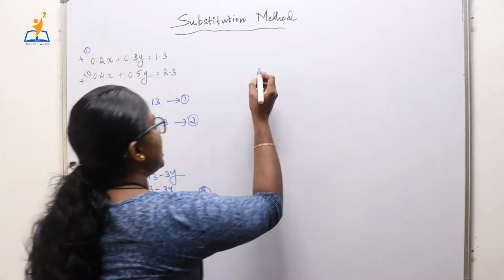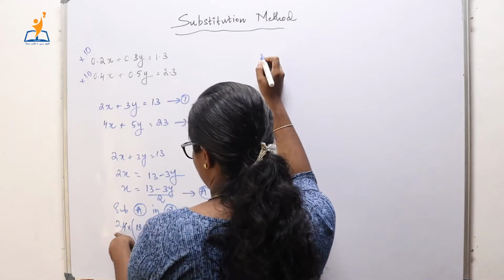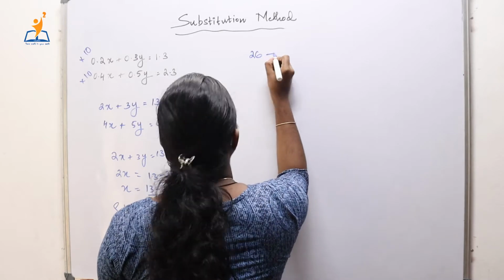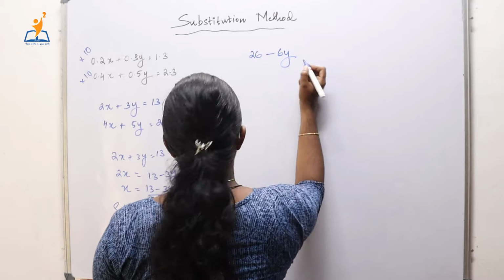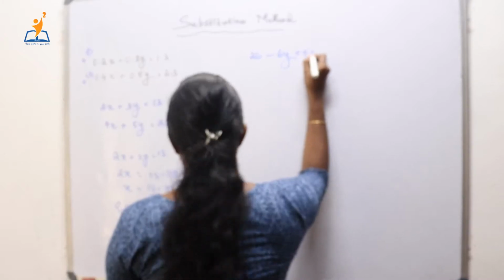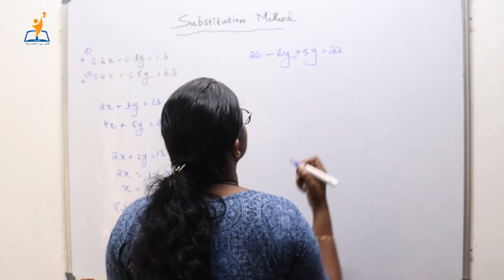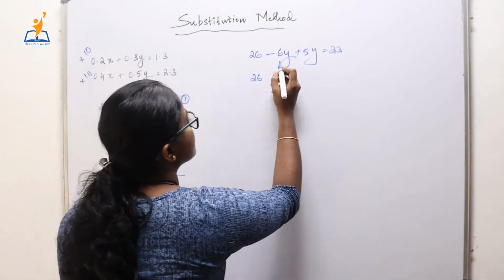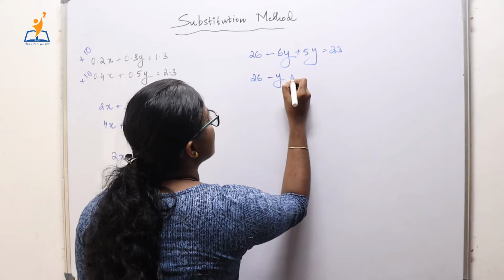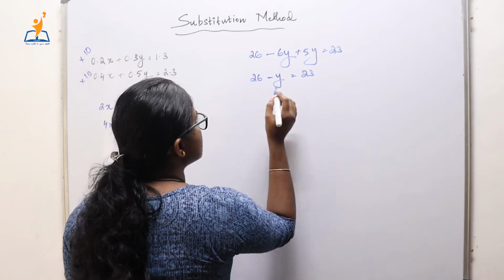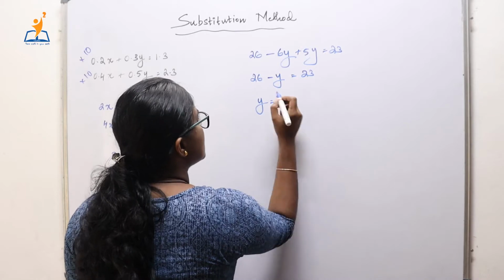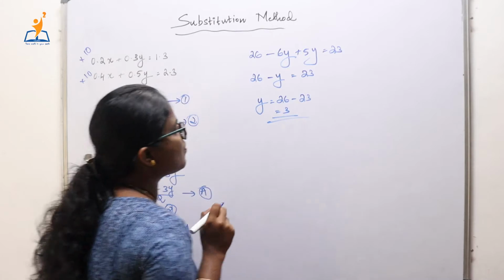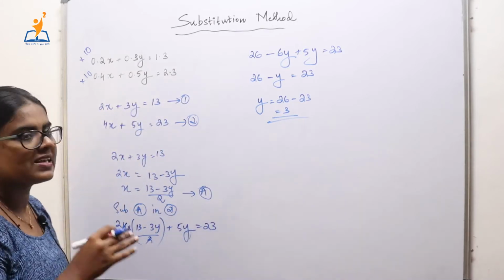Now multiplying into the brackets, 2 into 13 is 26 minus 2 into 3 is 6y plus 5y equals 23. So 26 minus 6y plus 5y, that is minus y, equals 23. So y becomes 26 minus 23, that is 3. So the value of y we got here is 3.